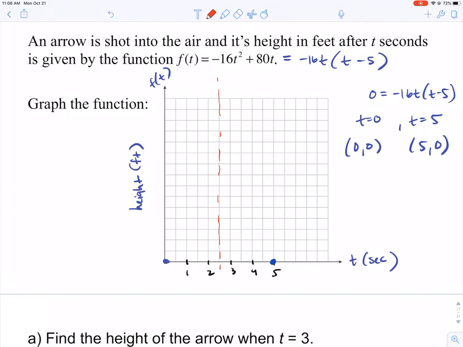So we know that the vertex would be at 2.5 comma something, and you could find out what that something is, which would be the height of the arrow at 2.5 seconds, which when we plug in 2.5, running out of room, I get 100.